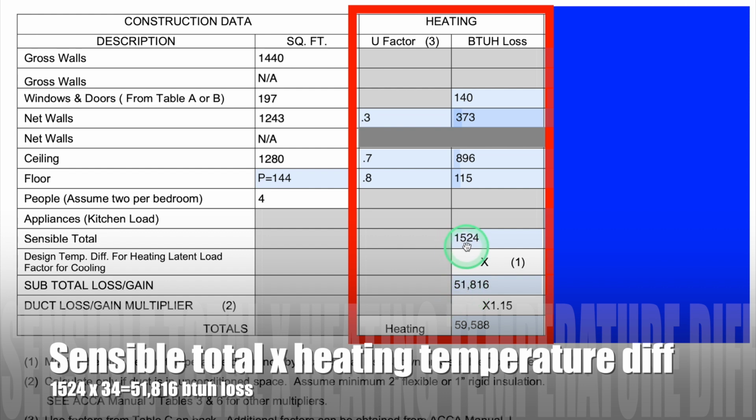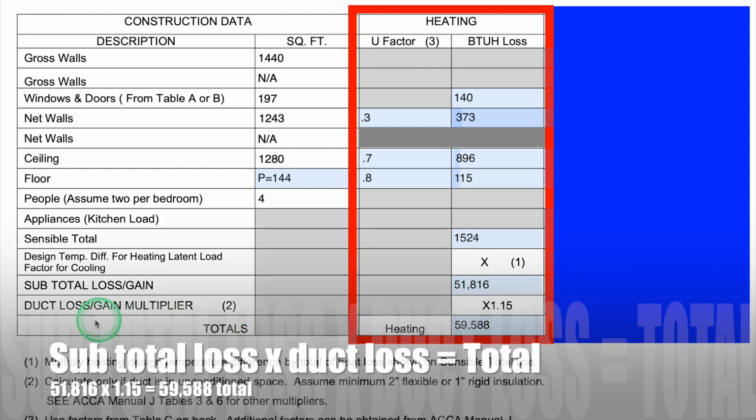It increases 1,524 BTUs per hour to 51,816 BTUs per hour. And we can't forget our ducts in the attic. We multiply 1.15, and now we're at a total heating BTU loss of roughly 60,000 BTUs.